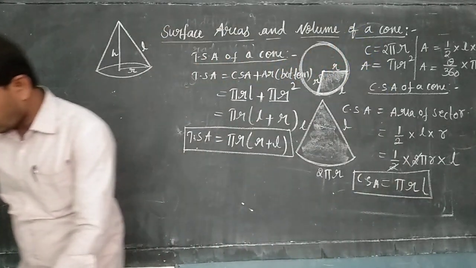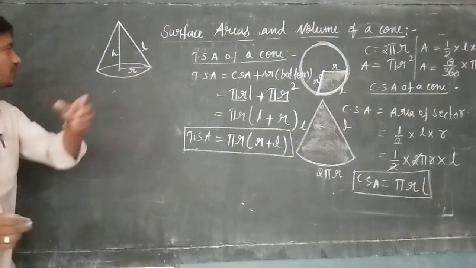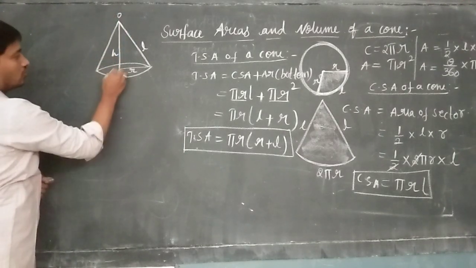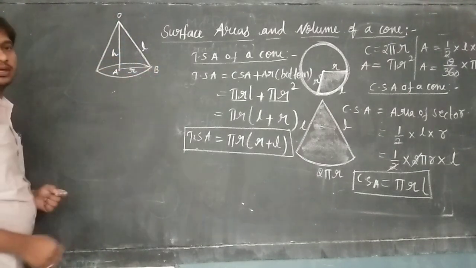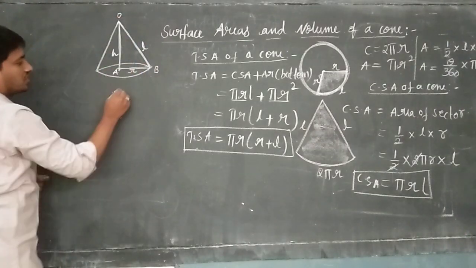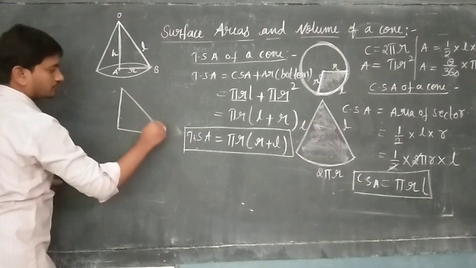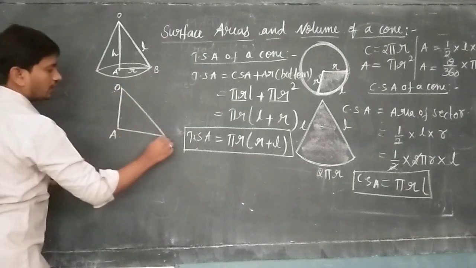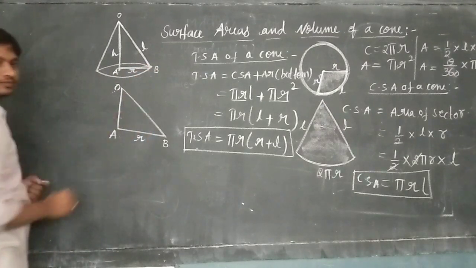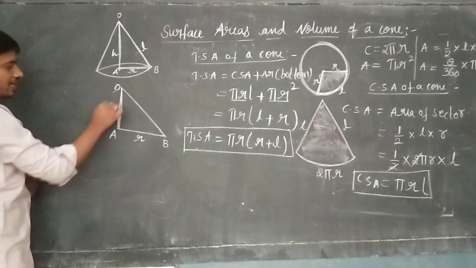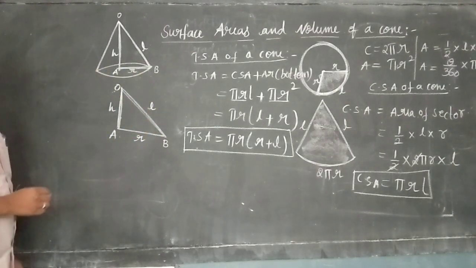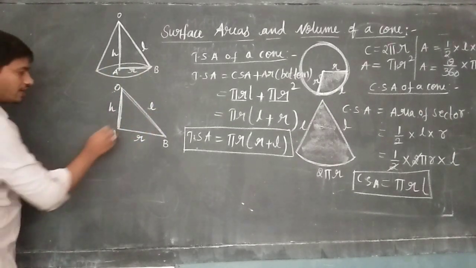You can observe here, this is vertex O, A, B. This is our right angle triangle OAB. AB is our radius, OA is the height of the cone, and OB is the slant height.